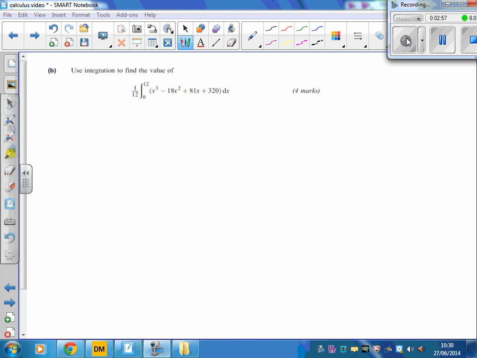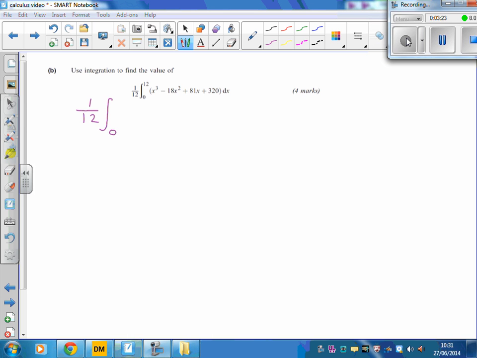Part B is now doing the same thing as Part A, but where Part A was the numerical method for integration, Part B asks us to integrate. It's really important here you set out your maths really clearly and you use the correct notation. So the 1/12 I'm going to ignore all the way through the question until the last line, but that doesn't mean you don't write it.